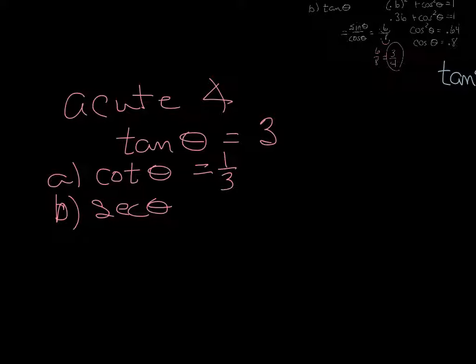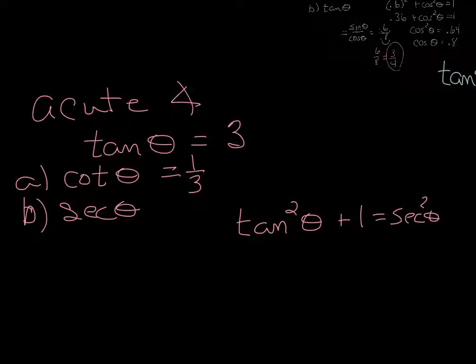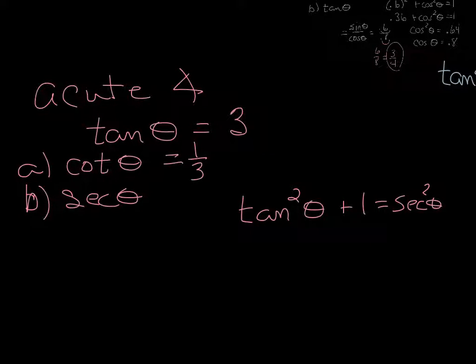In order to find the secant, we can use the Pythagorean identity that we developed that says tangent squared theta plus 1 equals secant squared theta. And tangent is 3, so the tangent squared is 9.